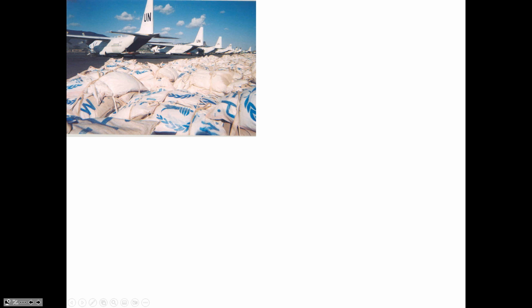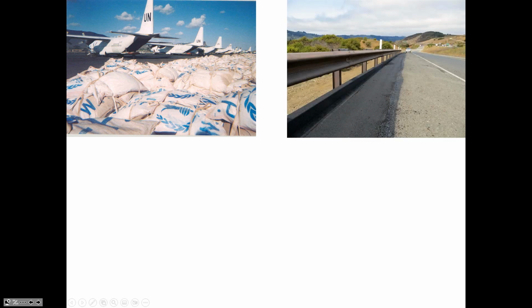Because if self-interest was the only force that governed every decision, then things like highway guardrails may not make sense. Because steel is expensive, and putting steel guardrails up alongside of a road when people aren't paying to drive past those guardrails.